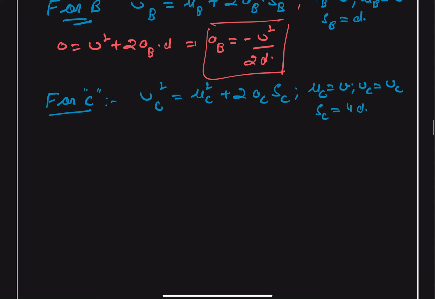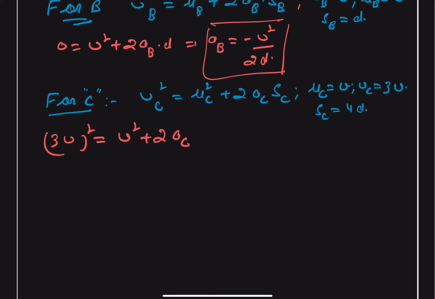So let me write it here, 3V. So we substitute, we get 3V whole square is equal to V square plus 2AC multiplied by 4D.